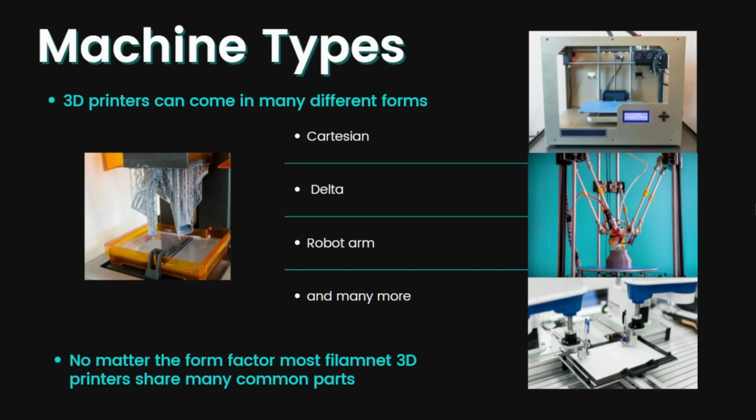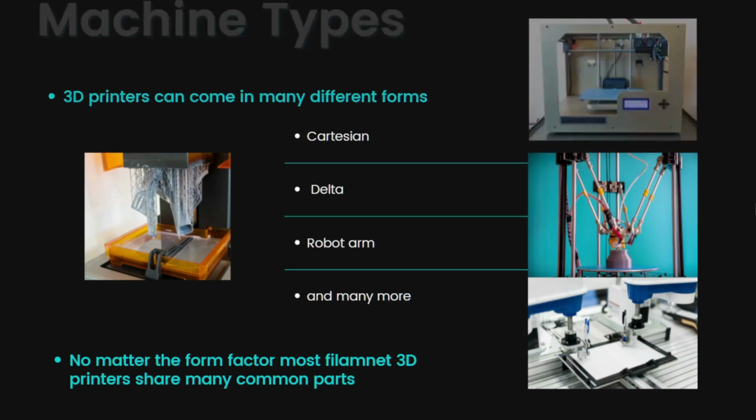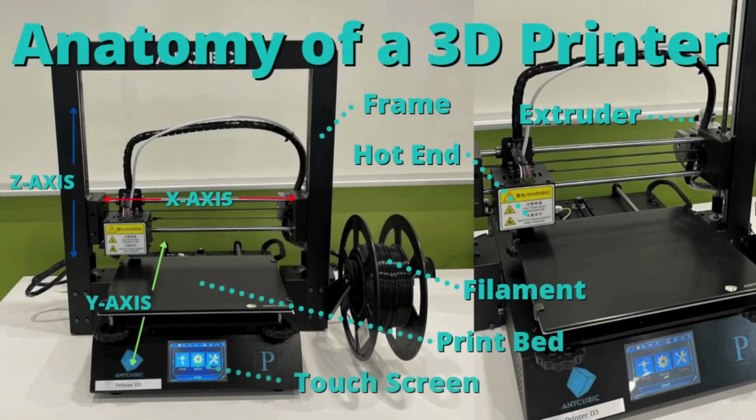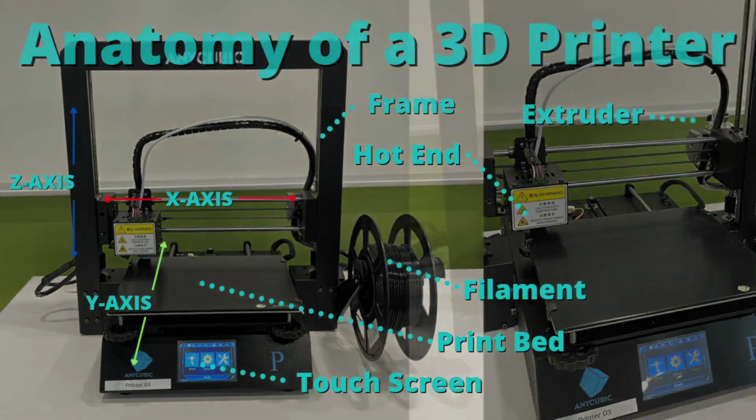And no matter what the form factor of most filament 3D printers, they share a few common parts. And those parts would be the X, Y, and Z axis, frame, extruder, hot end. They're all going to need filament of some kind. They're going to have a print bed and some kind of control mechanism. This one has a touch screen.